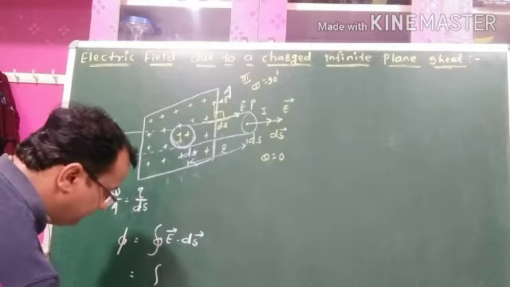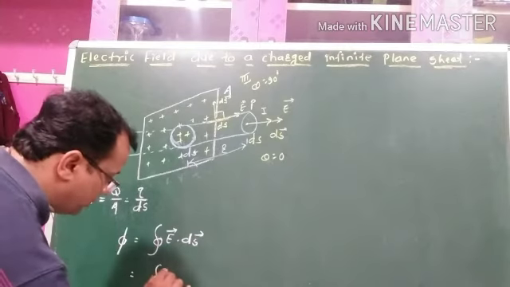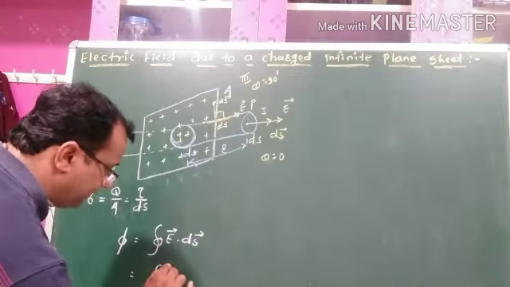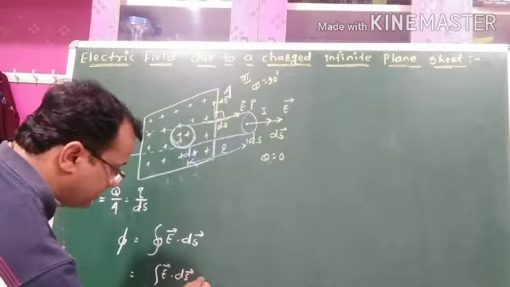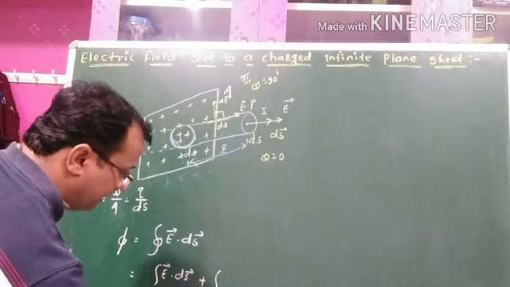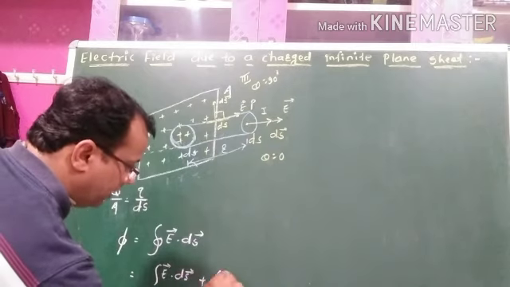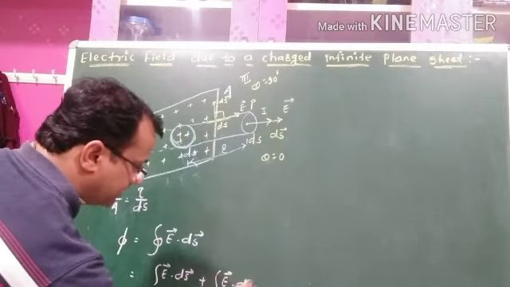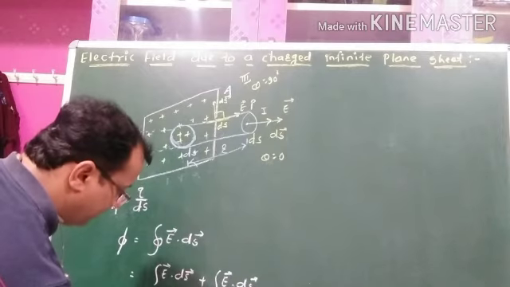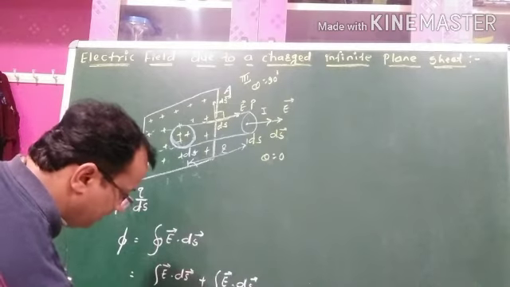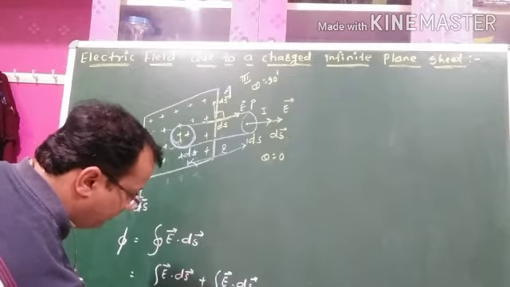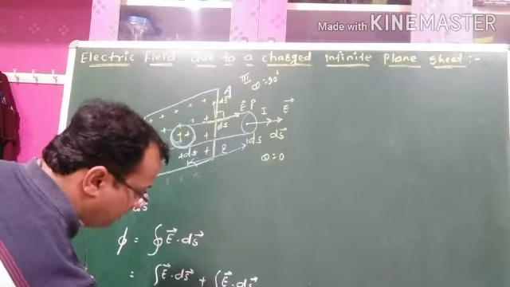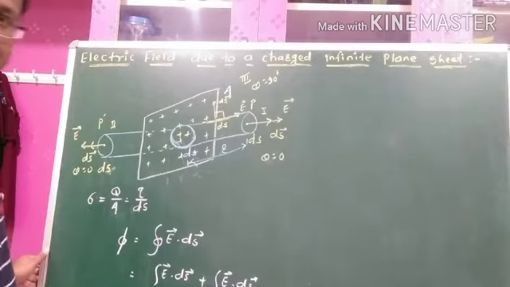Now the integration for the first area is vector E dot vector ds. Similarly for the second area, E dot ds, right, and again plus for the third area, vector E dot vector ds.